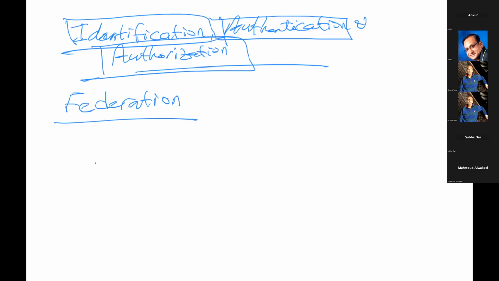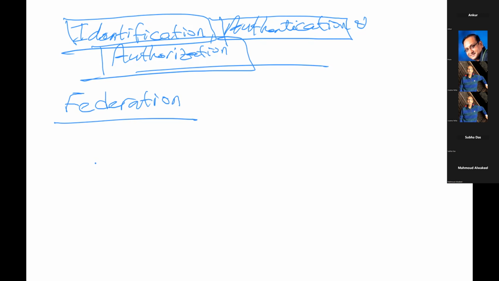Federation is a mechanism wherein the same credentials can be utilized in another application or another system, so that you don't have to maintain multiple identities and passwords. And where is the location of these credentials? That is with the identity provider, a kind of centralized place.